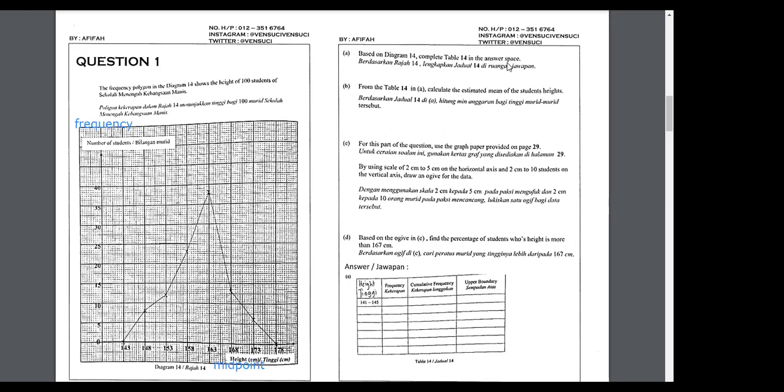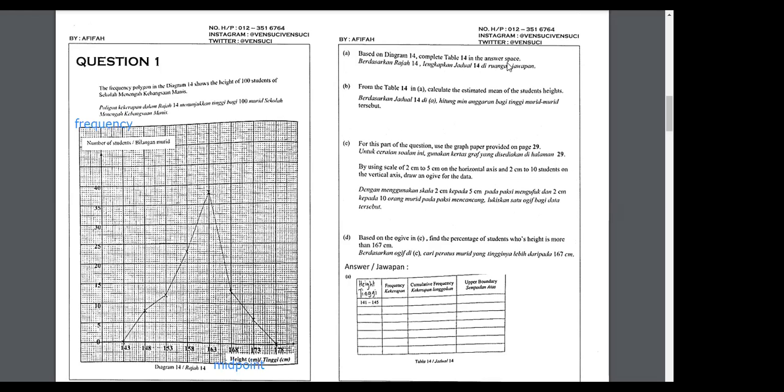Based on this frequency polygon, we can see the height on the x-axis is the midpoint. From a midpoint, we can know the class of the height of the students. For the first one, you see 143.